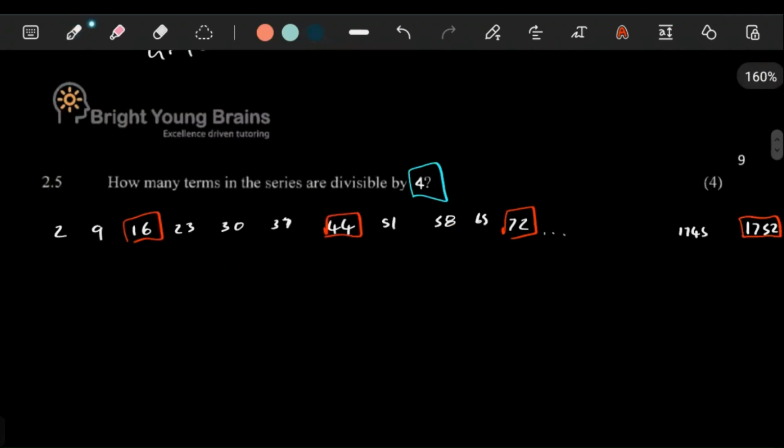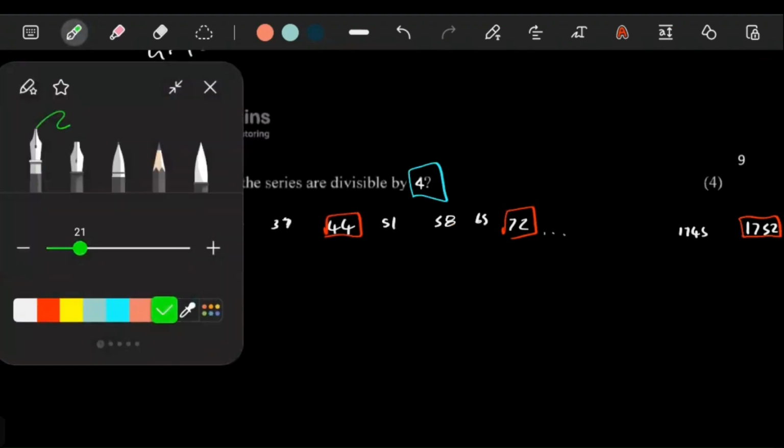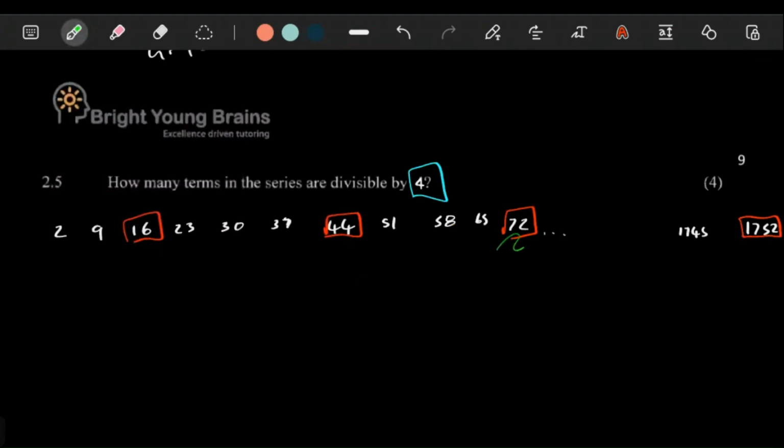Because what that does is you now know that these numbers that have red on them are the numbers that are divisible by 4. So you almost want to look at them as their own sequence, where this is the first term and this is the last term.